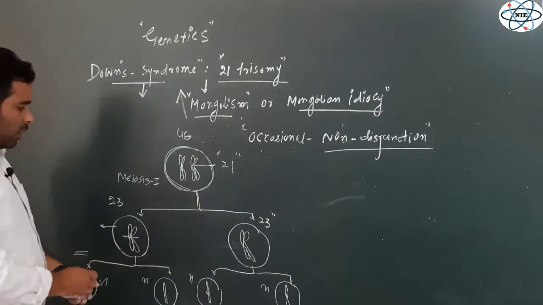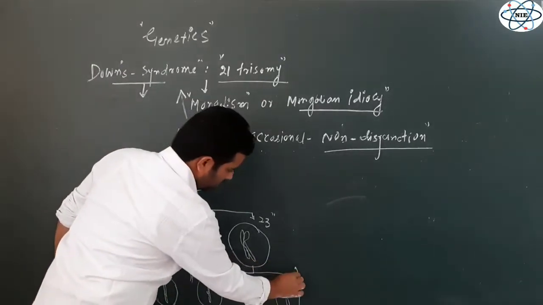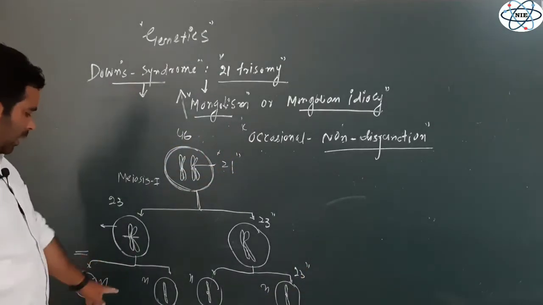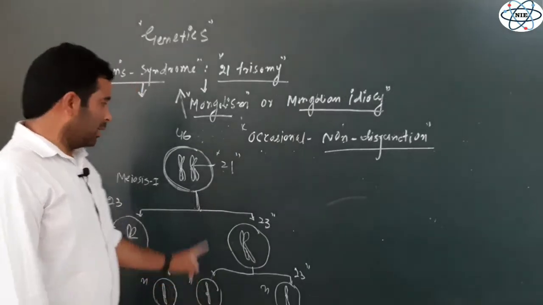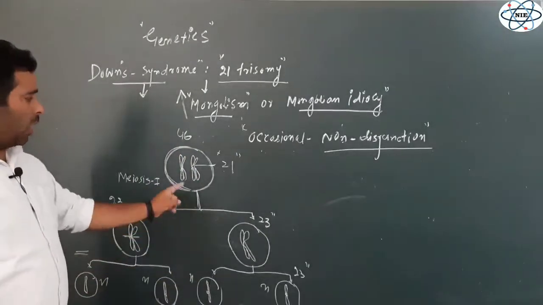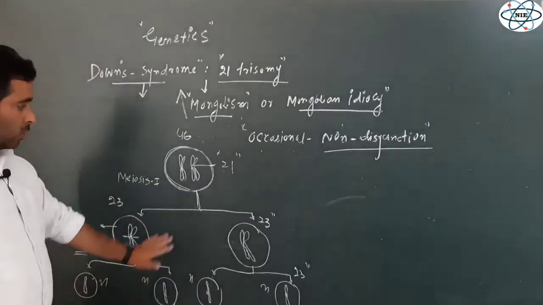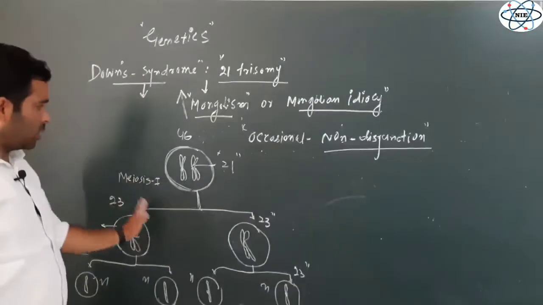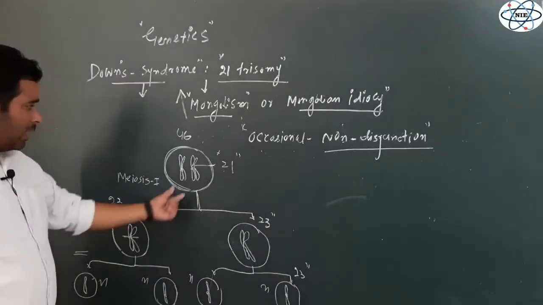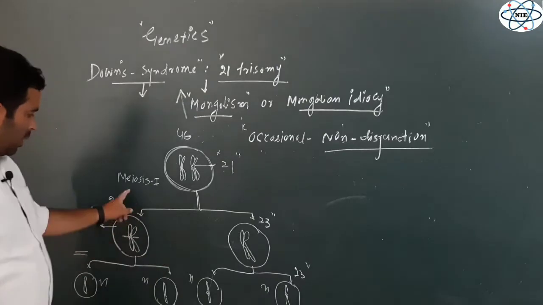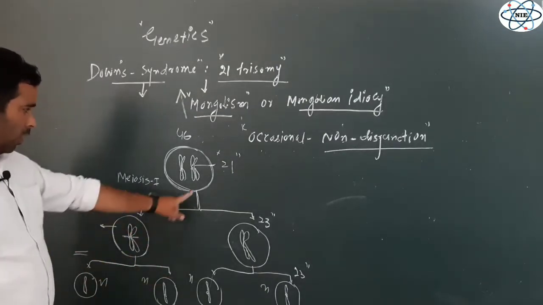All of these daughter cells have received 23 chromosomes. That means each of the four daughter cells has one copy of each chromosome, whether chromosome number 1, 2 or 21. So this is normal division, which we can call disjunction. There is separation of chromosome number 21, and each daughter cell in meiosis first receives one homologue of 21.